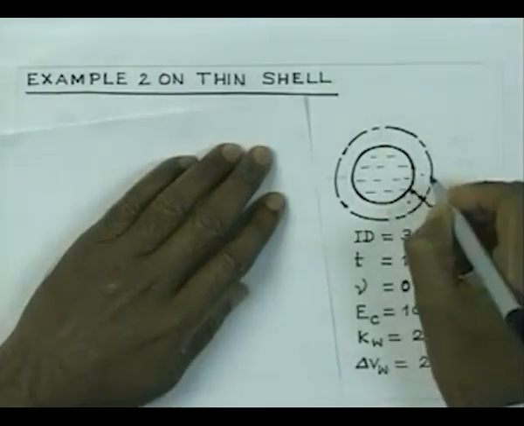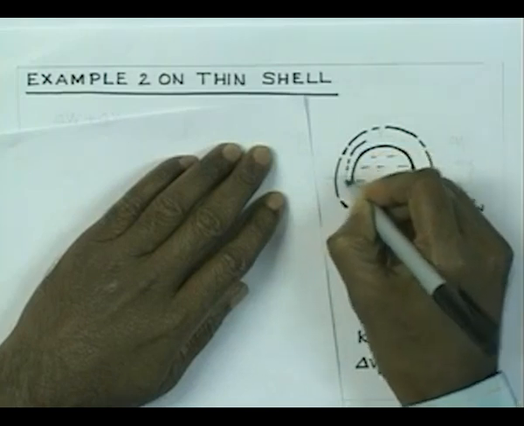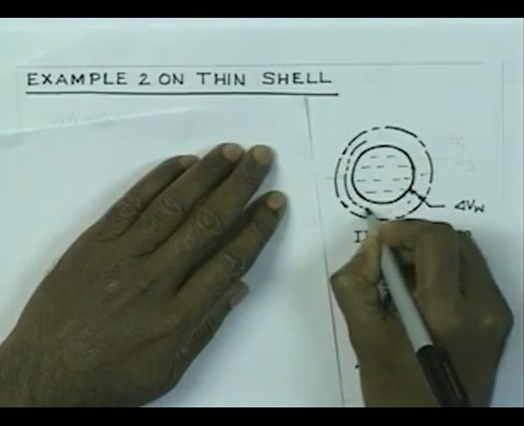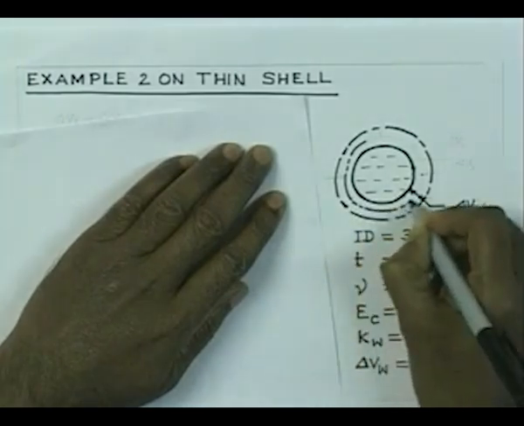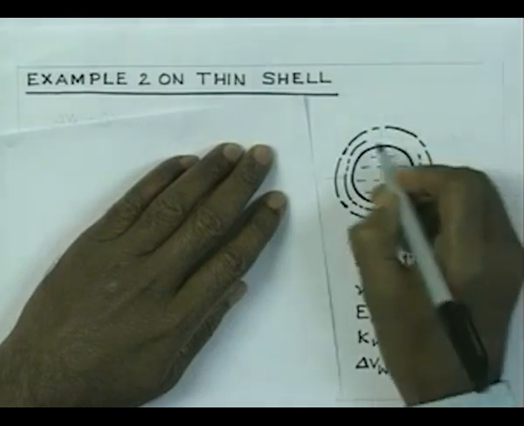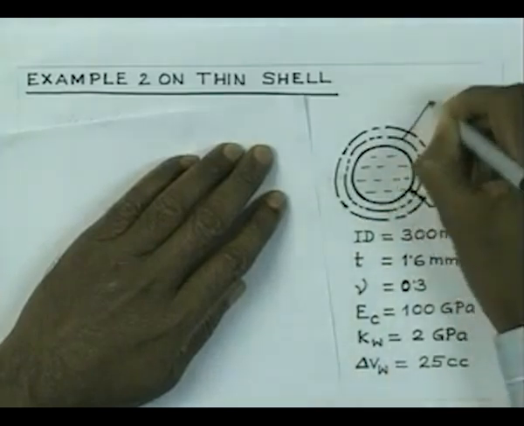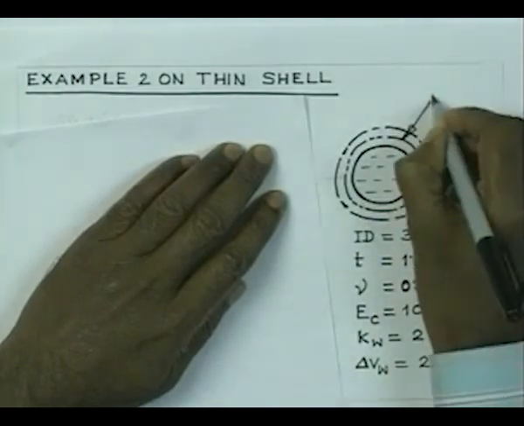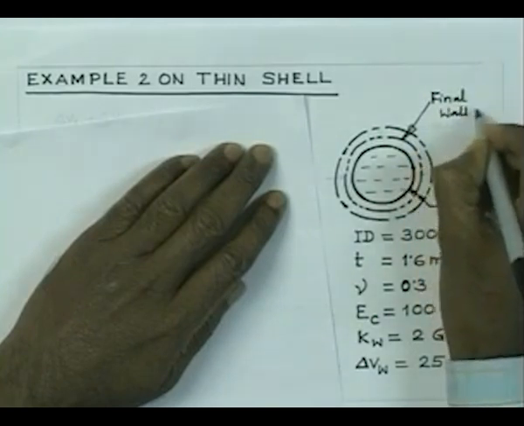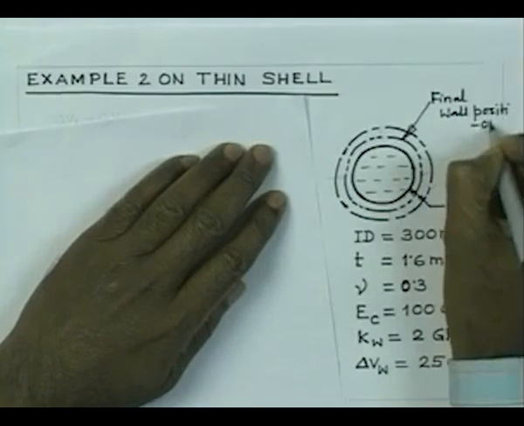So, if we now mark the equilibrium vessel position, let us say, this one, this is the final wall position.